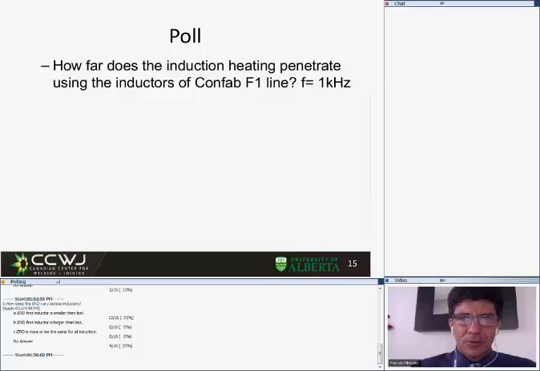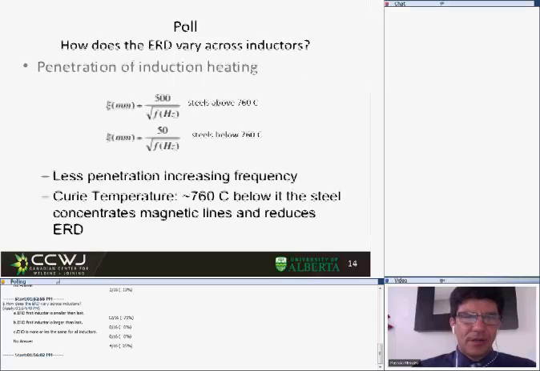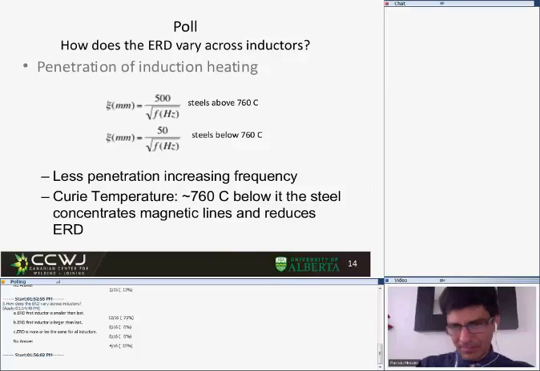If you want to see the formula again, we have it here. 1 kilohertz frequency.